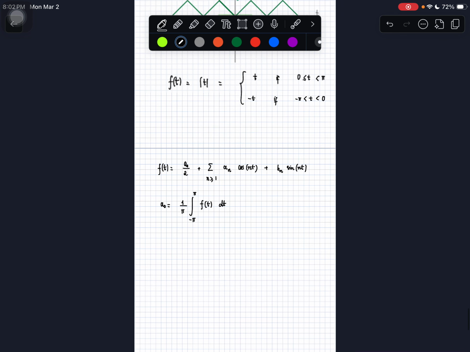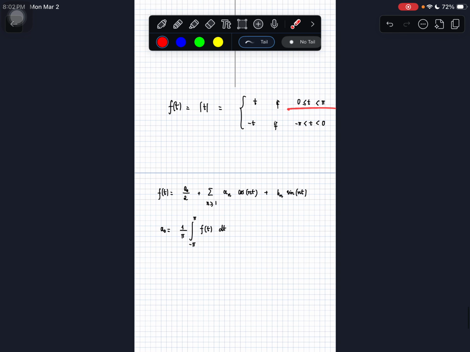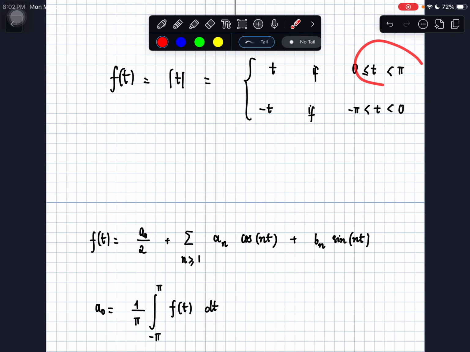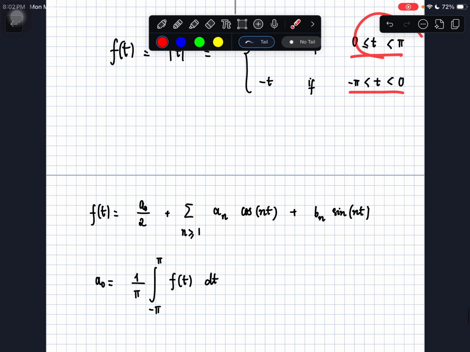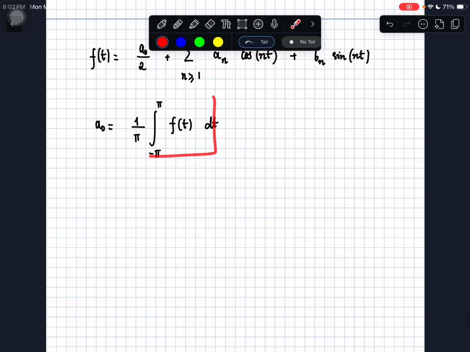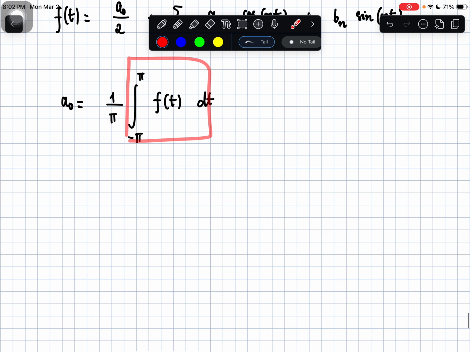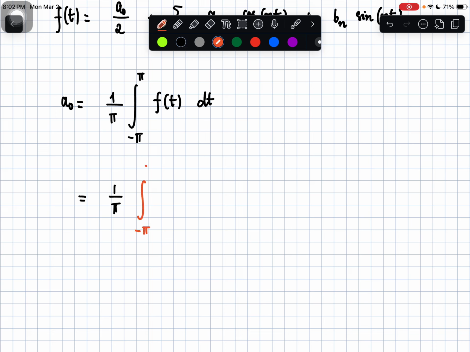And because our function is defined on minus pi to 0 and 0 to pi, we can separate this. You can decompose this into two parts: 1 over pi, the first from minus pi to 0, f(t) dt, the second from 0 to pi, f(t) dt.